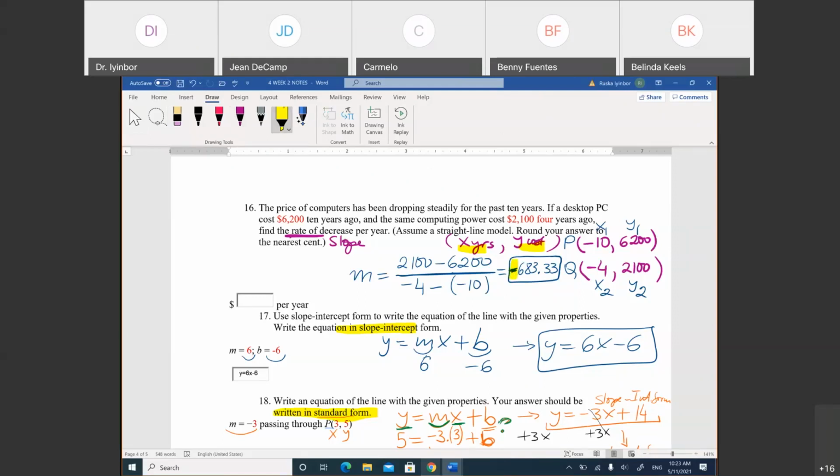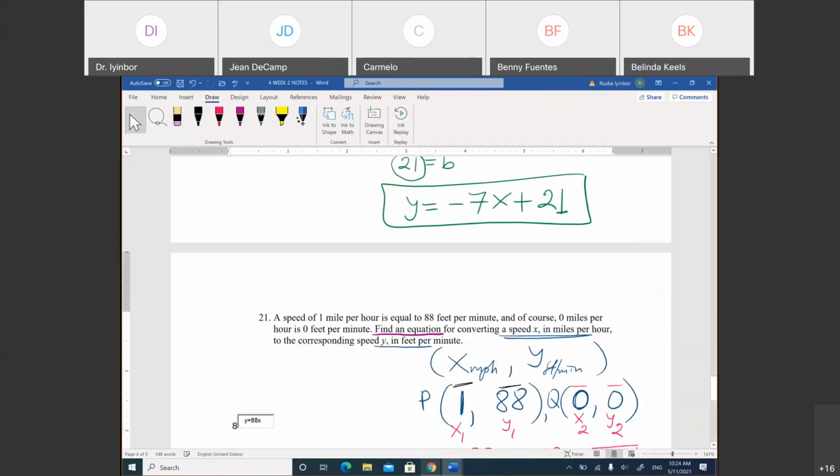Now, when you put the answer here in WebAssign, because it says find the rate of decrease per year, okay? So here in the question, they know that the rate is decreasing. So in the answer box, you're going to put a positive number. You're going to put the same number, 683.33, but positive.